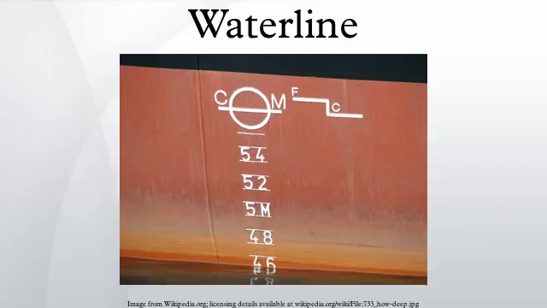The summer timber load line is arrived at from the appropriate tables in the load line rules. The winter timber load line is 1/36 of the summer timber load draft below the summer timber load line. The tropical timber load line is 1/48 of the summer timber load draft above the summer timber load line.